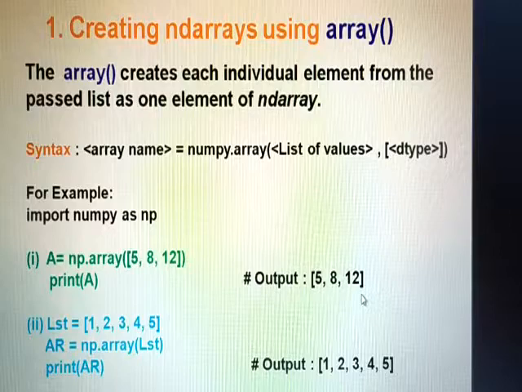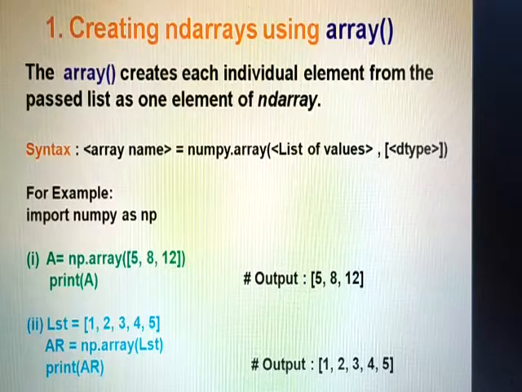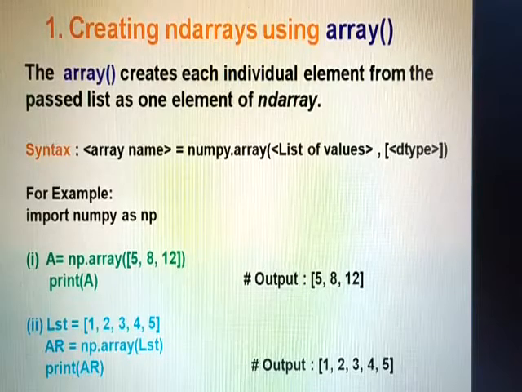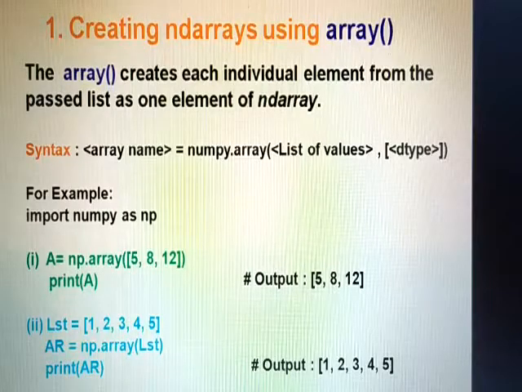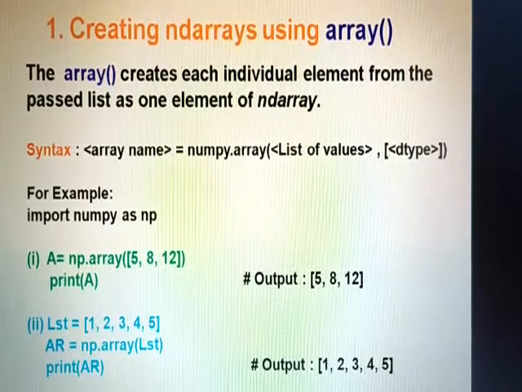It means A is an array containing 3 elements, 5, 8 and 12 respectively. So here the value 5 is stored at index 0, 8 is stored at index 1, and 12 is stored at index 2. That means when we access the values of an array, the first value is A of 0, the second one is A of 1, and so on.